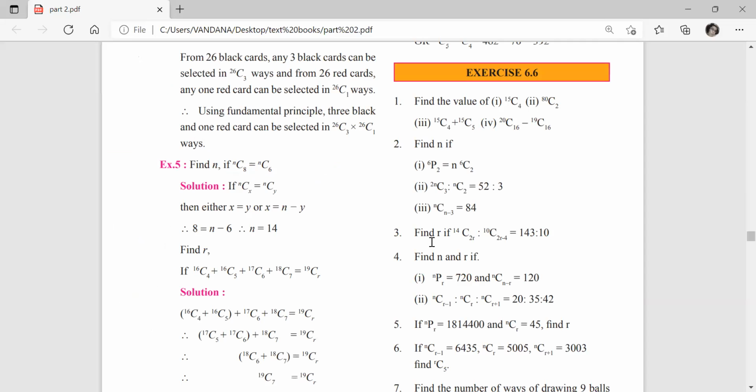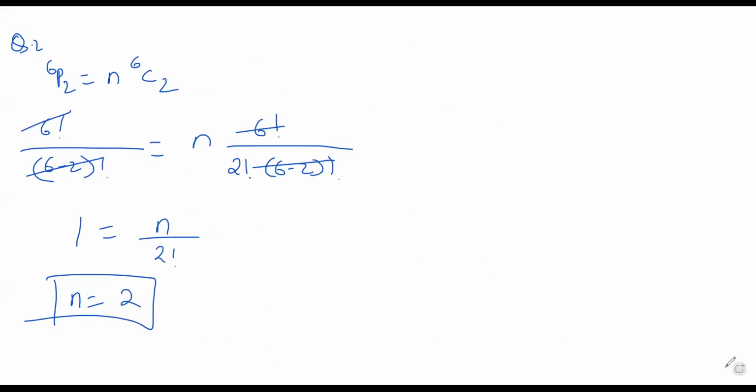Similarly, this one, 2nC3 is to nC2 is equals to 52 is to 3.